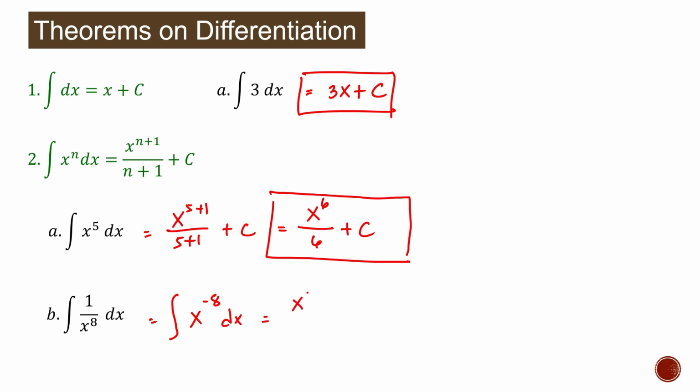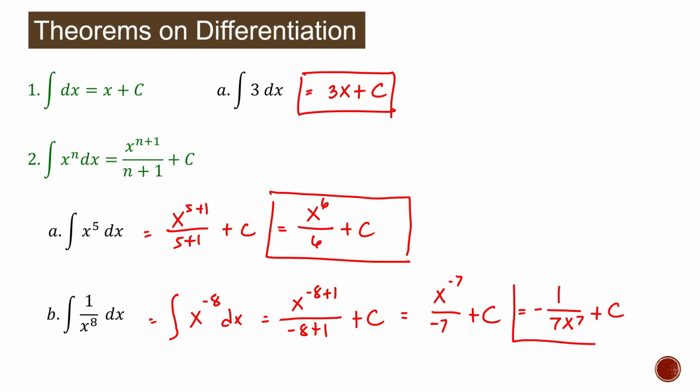That's x raised to negative 8 plus 1 over negative 8 plus 1 plus c, which is equal to x raised to negative 7 over negative 7 plus c. And of course, we want that exponent to be positive, so that would be 1 over negative 7 x raised to 7 plus c.